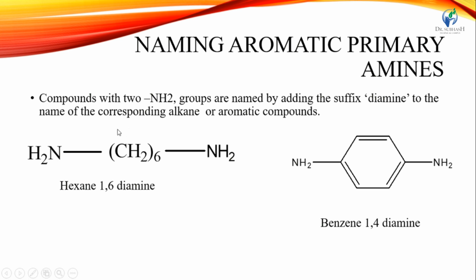If one group is present, it is only amine; if two NH2 groups are present, you add diamine. This is hexane-1,6-diamine, because two NH2 groups are present. Here, benzene-1,4-diamine, because at positions 1 and 4 two NH2 groups are present. Okay, thank you all.